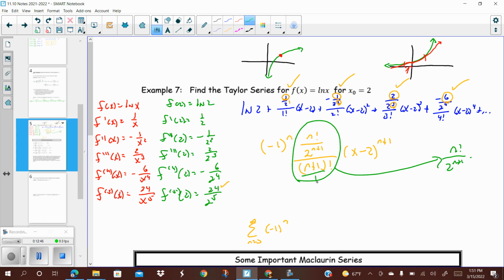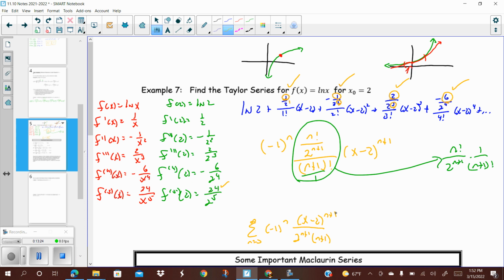Remember that's like all having it over 1, so it's 1 over n plus 1 factorial. Reducing those factorials, the n factorial and the n plus 1 factorial in the denominator cancel out and leave just an n plus 1 in the denominator. So that gives me 2 to the n plus 1 times n plus 1 in the denominator, and I'm just going to put that x minus 2 to the n plus 1 on the top.